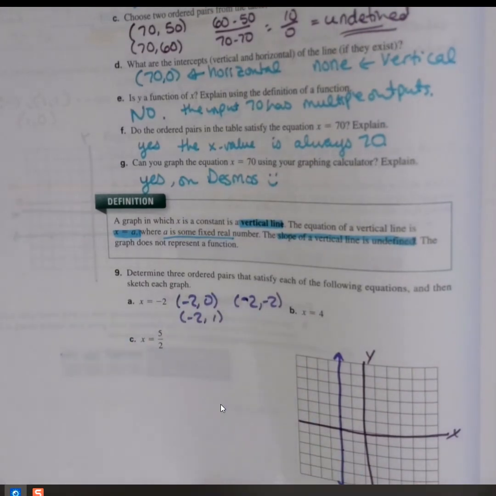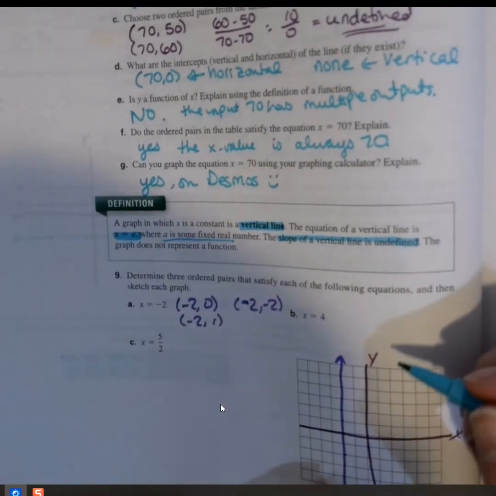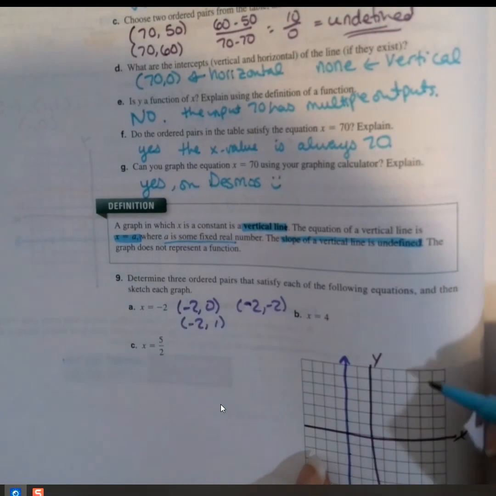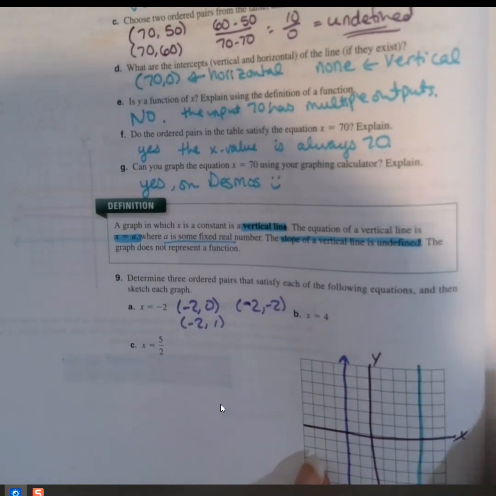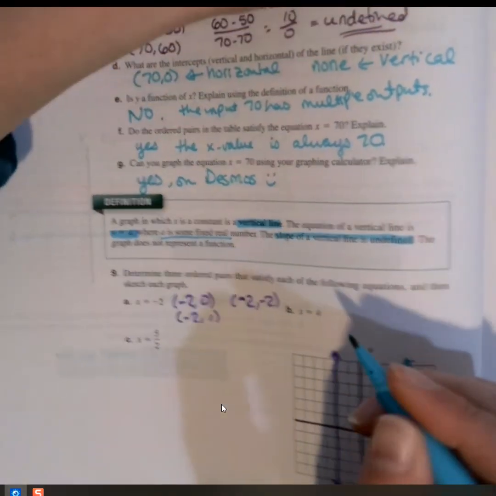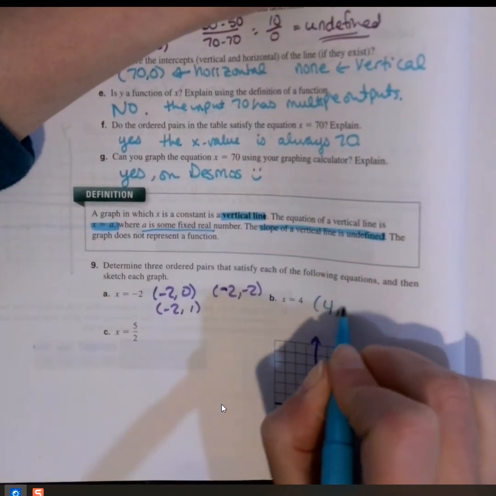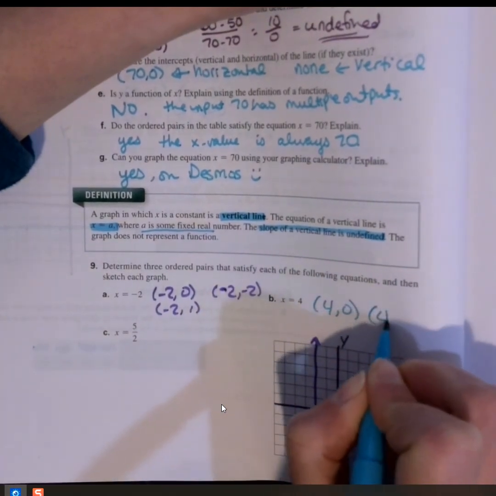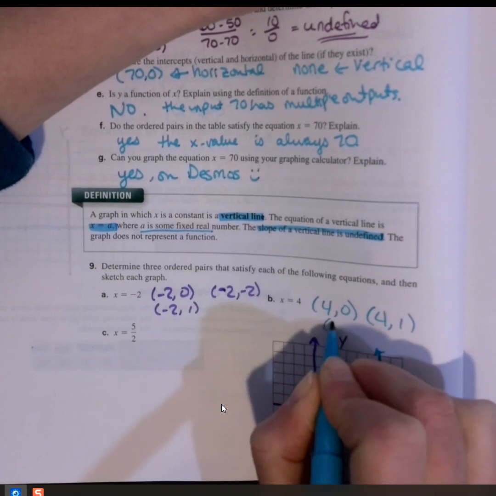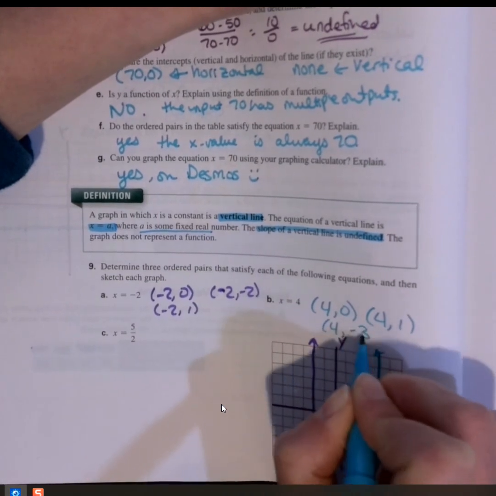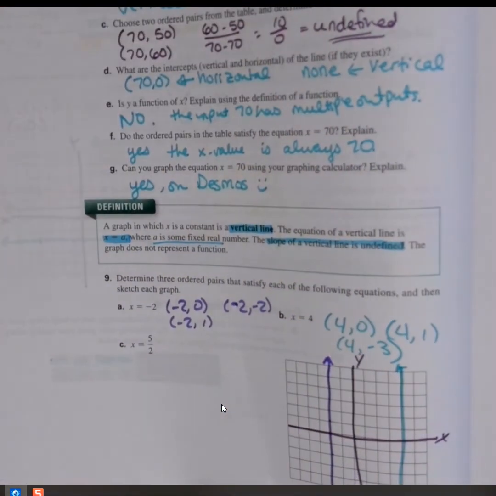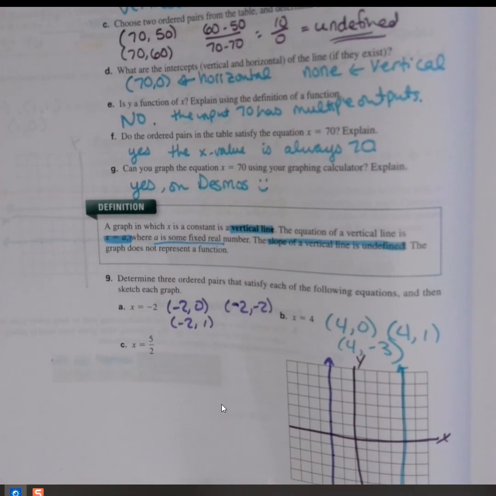Okay, x equals 4: 1, 2, 3, 4. And three ordered pairs: (4, 0), (4, 1), (4, -3). Again, random numbers for y. It doesn't matter what y is as long as your x is 4.